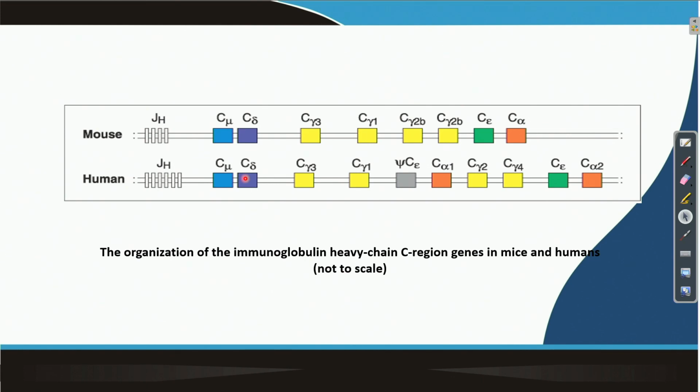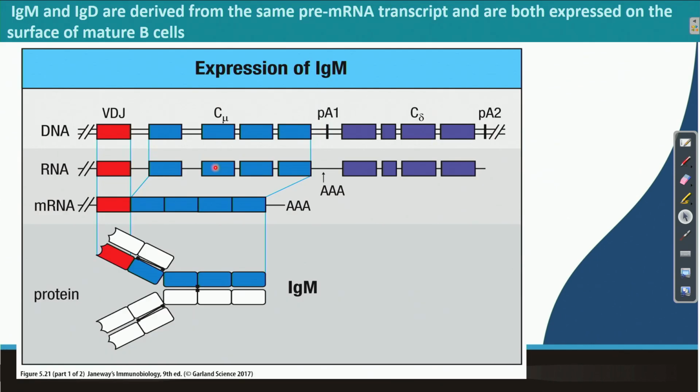You see here, the C mu and C delta organization in mouse as well as C mu and C delta, that means IgM and IgD constant domain organization in human are exactly identical. So, what is happening? How do C mu and C delta always come together, that we will see. Okay. So, here if you just enlarge that C mu and C delta part, how it will look.